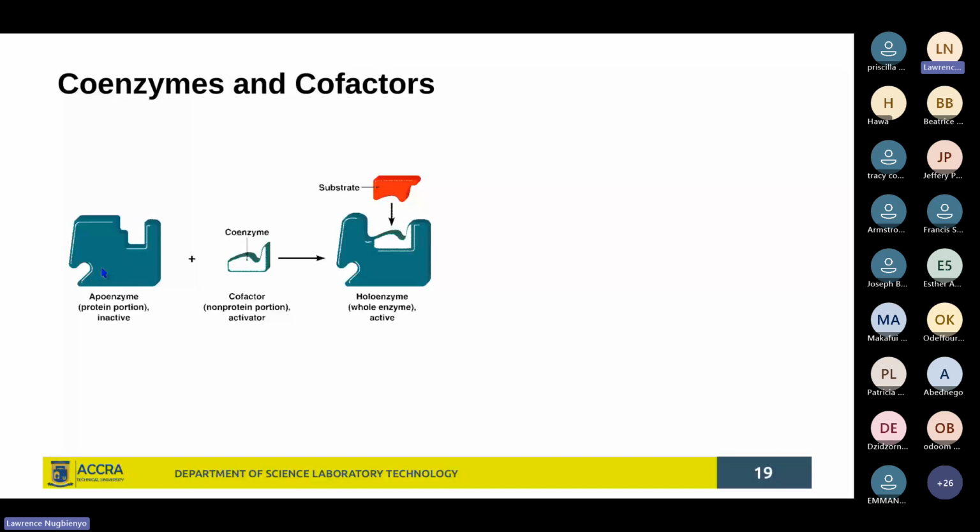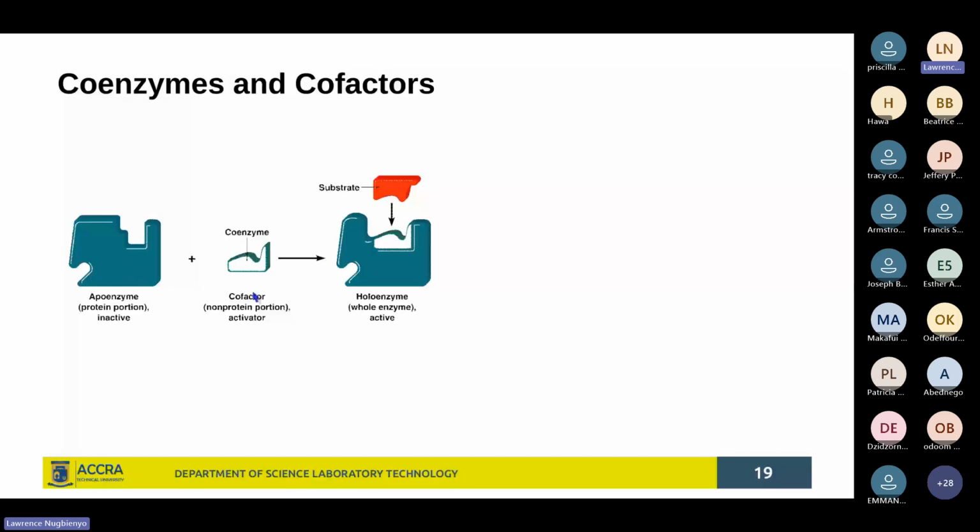So you see it being depicted here, the enzyme, that is the protein part of the enzyme, and then you have a coenzyme or cofactor. You remember I mentioned the last time that in some chemistry books you have coenzymes and cofactors used interchangeably, but in some they are separated.